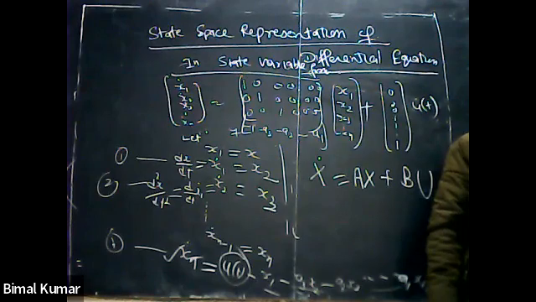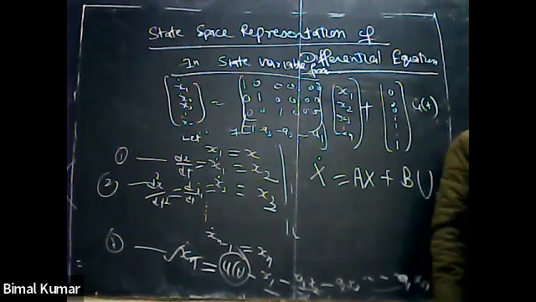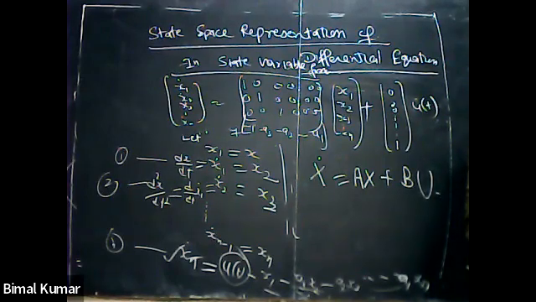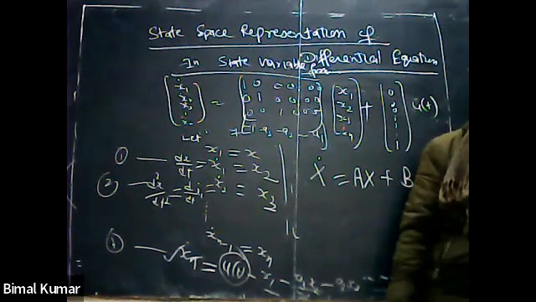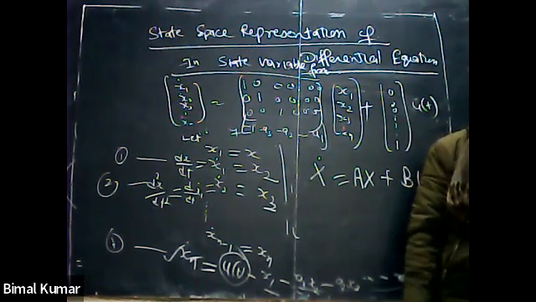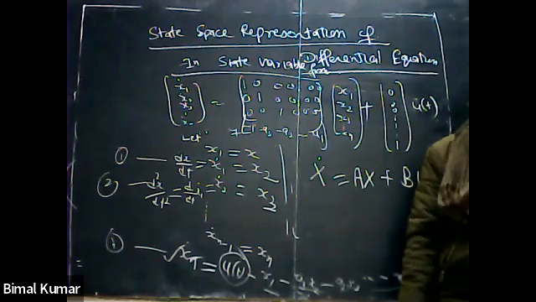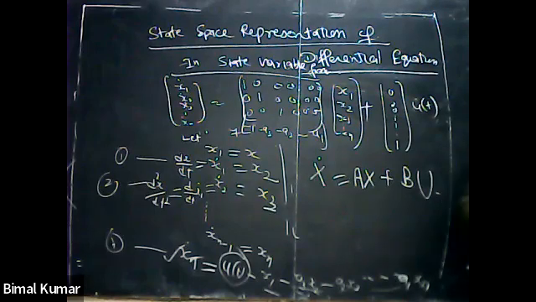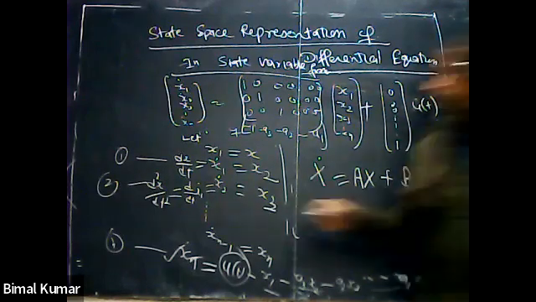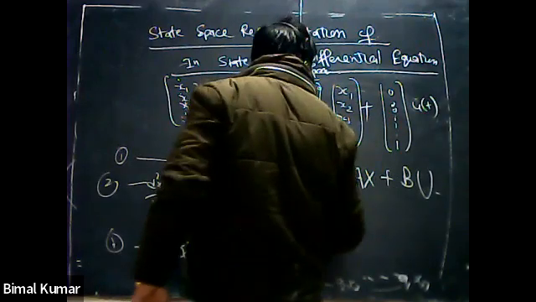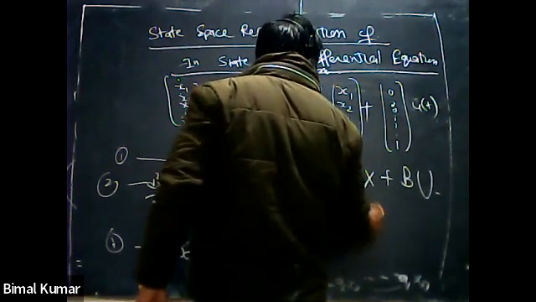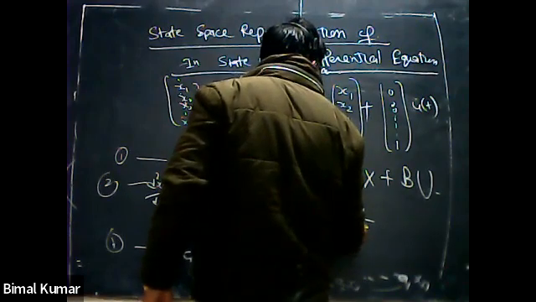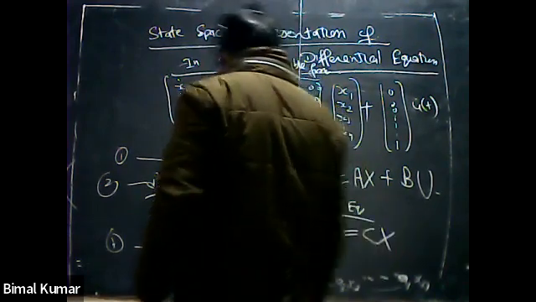By this way, you may represent any equation in terms of state space representation. x dot is equal to ax plus bu is the state equation, and the output equation will be in the form of y is equal to cx.